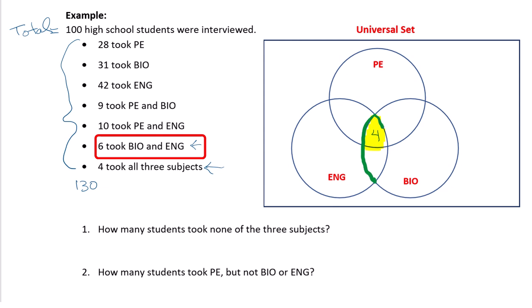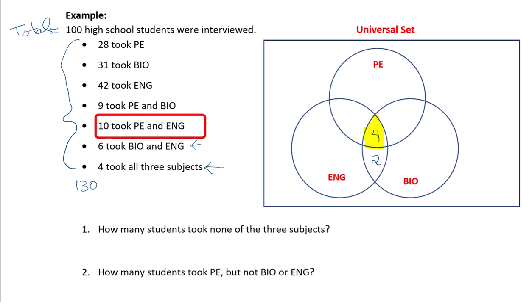Biology and English would be this area here in green where those two circles intersect. But we already have 4 students in that area. So if there were 6 total, that means we have 2 students who only took English and biology.